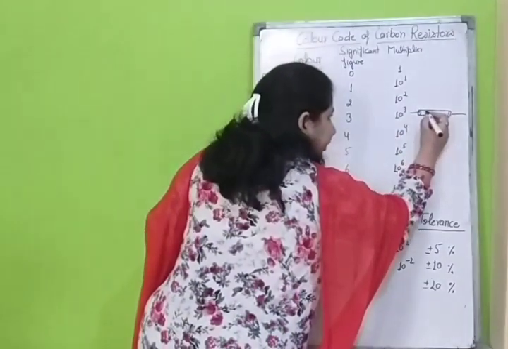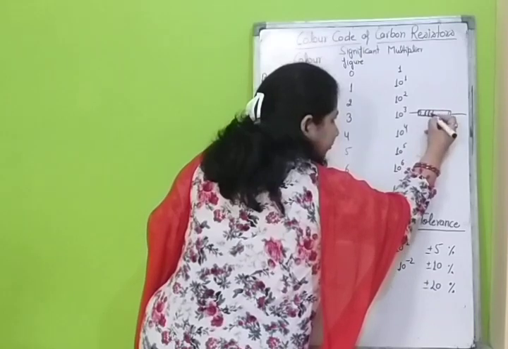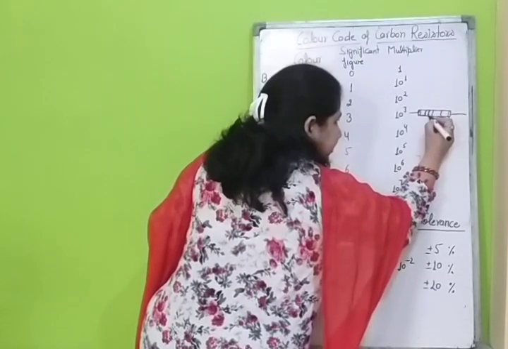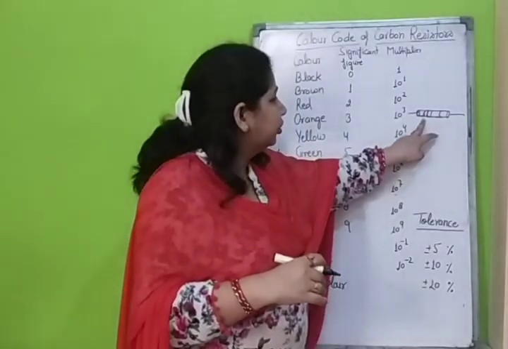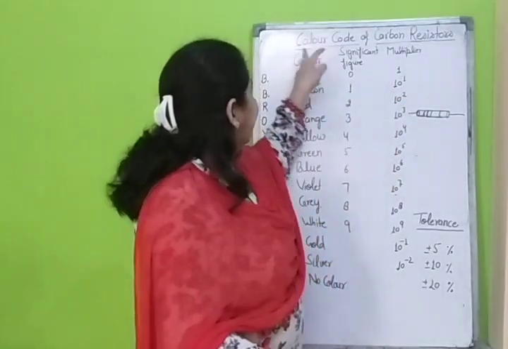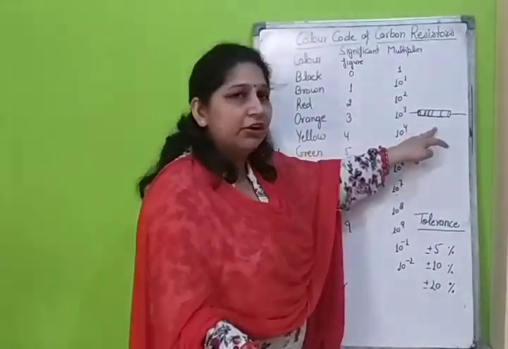What we have here is three lines near to each other and one line at a distance from these three lines. Got it? These are the color lines. This is for coding, and so this is known as color code. Why do we put color lines on it?